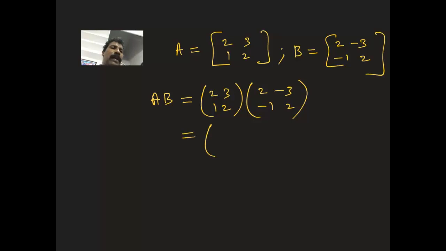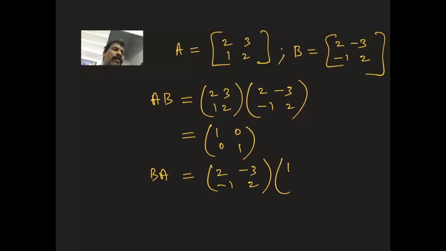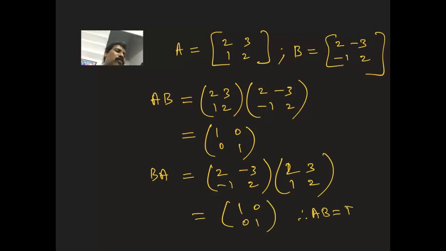You can multiply to get 1 0 0 1. Also, when we consider the product BA is equal to 2 negative 3 negative 1 2 multiplied by 1 2 3 1 2, then also you can have 1 0 0 1. Therefore, AB is equal to I is equal to BA, showing that B is the inverse of A and A is the inverse of B.